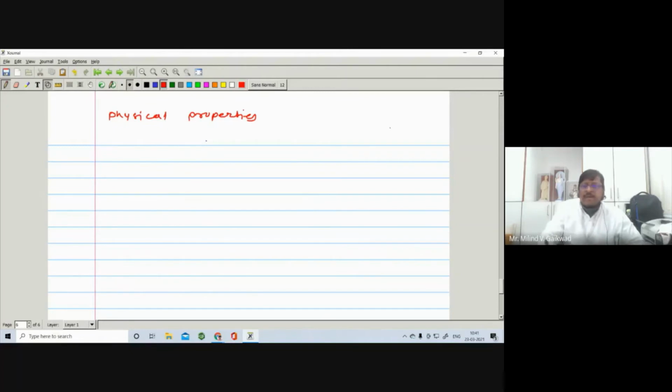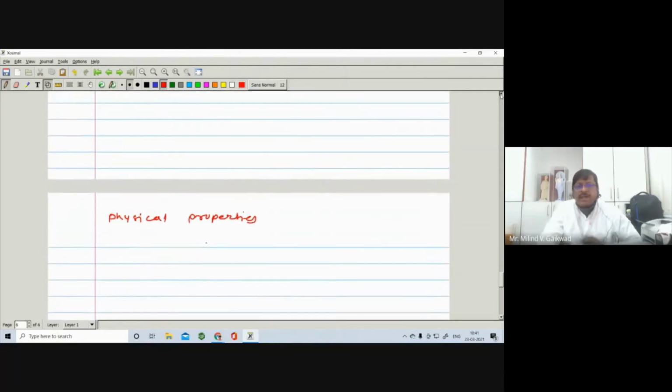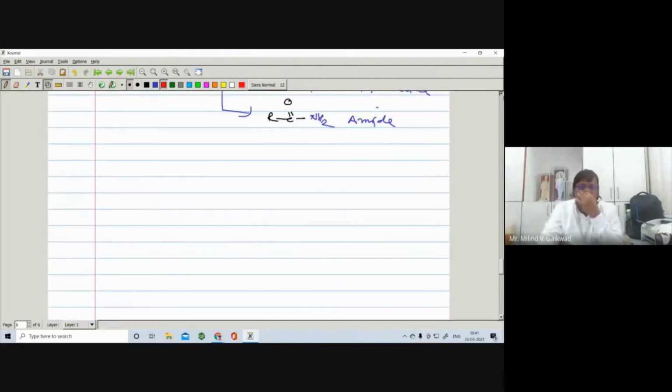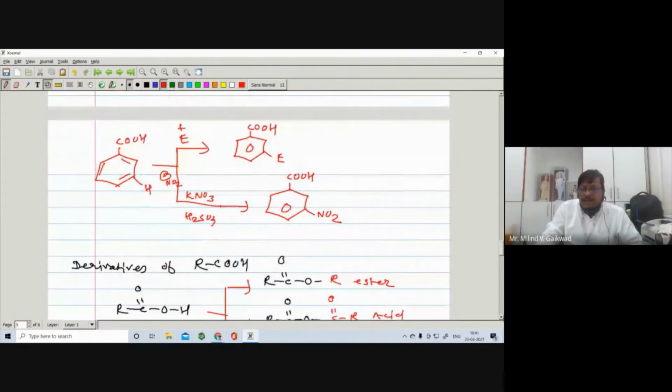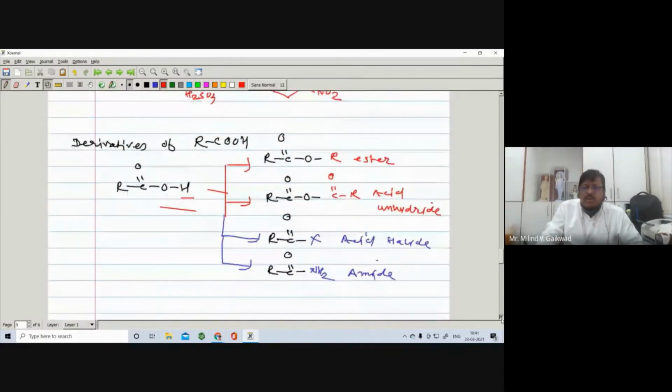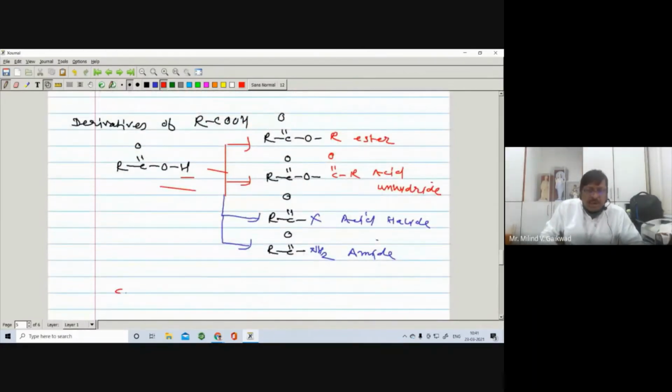All the derivatives that you have just seen have this polar character, because they have the CO group. Due to the presence of the CO group, the compound is found to be polar in nature.